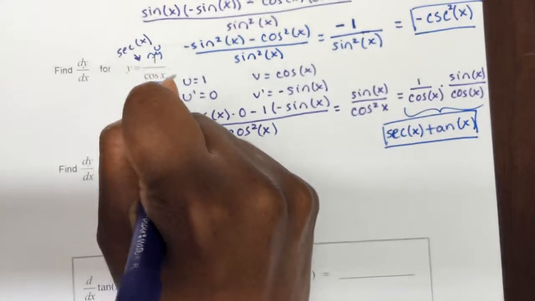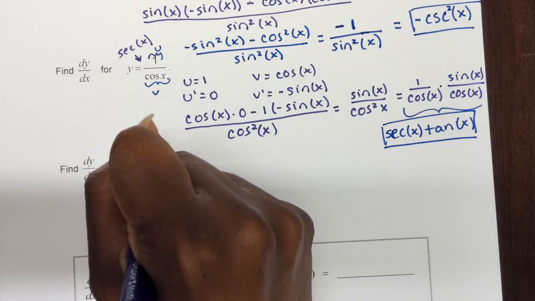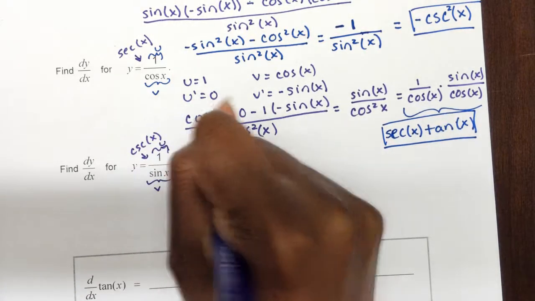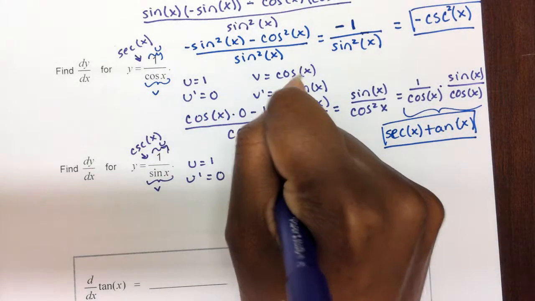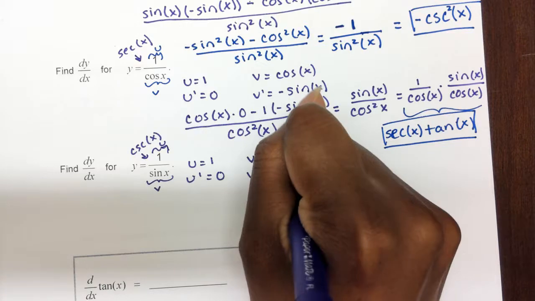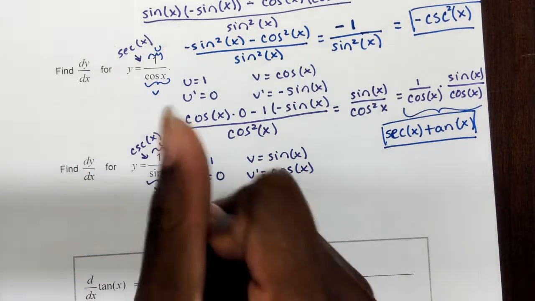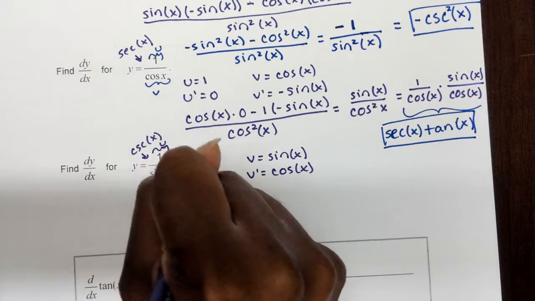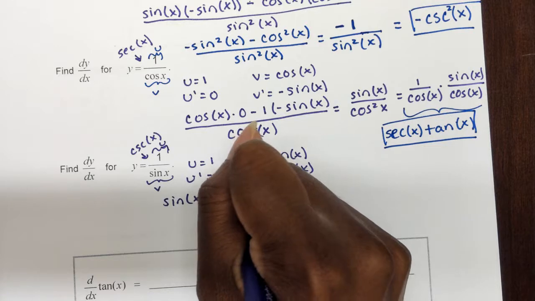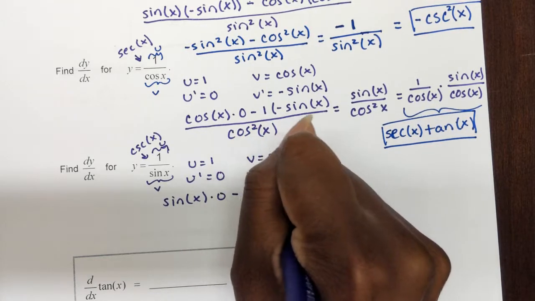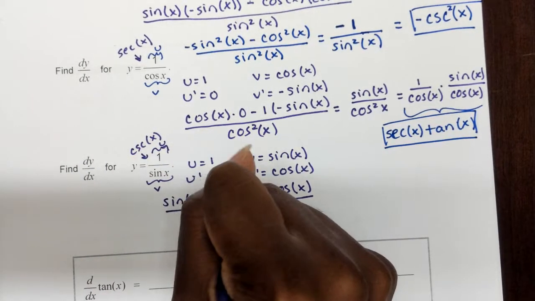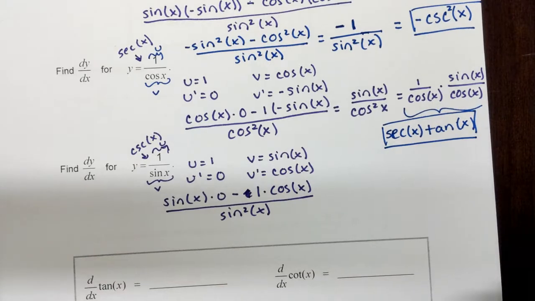So our 1 is our u, our sine is our v. So u is 1, u prime is 0, v is sine of x, v prime is cosine of x. So then we have sine of x times 0 minus 1 times cosine of x all over sine squared of x.